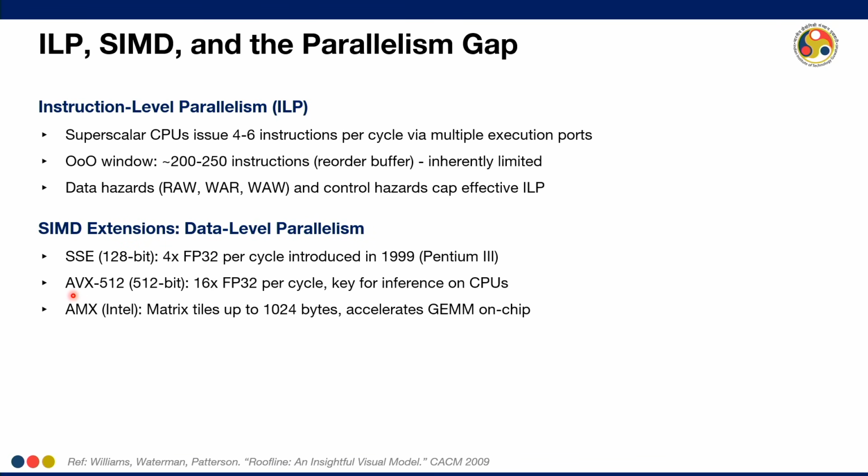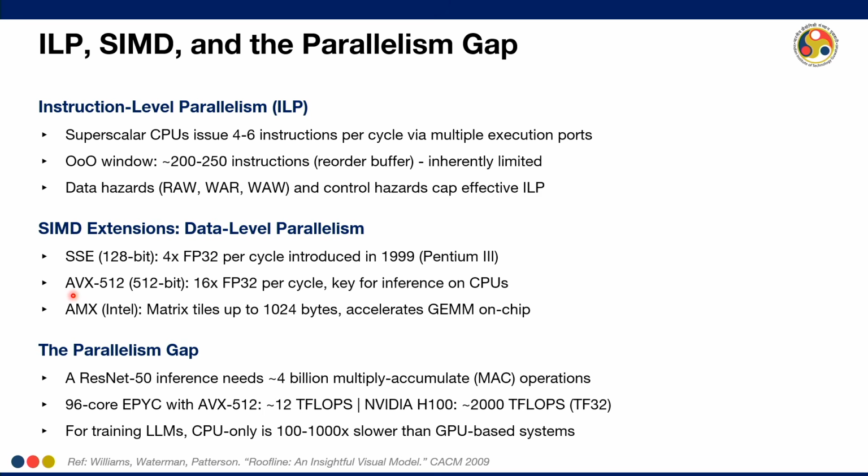Okay, but does this bridge the gap of doing thousands or millions of parallel data operations for these matrix multiplications in AI workloads? Not really, because there is a parallelism gap. For example, a ResNet 50 inference needs around 4 billion multiply and accumulate (MAC) operations.